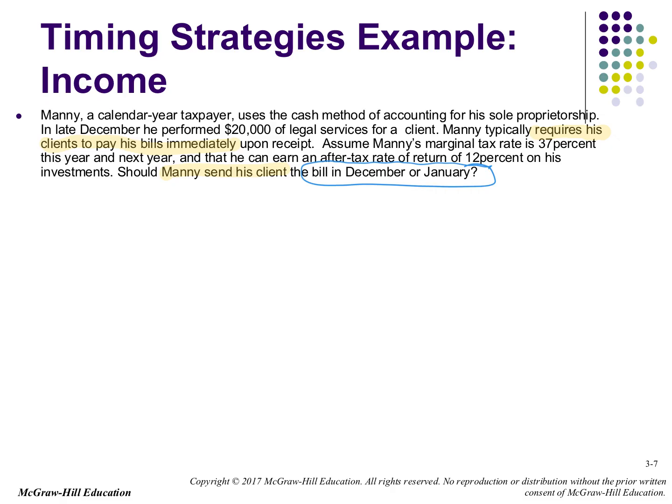So if Manny sends the bill this year, the bill Manny is trying to send is $10,000. $20,000. I think I was thinking $10,000 from the previous problem. Sorry, guys. The bill is $20,000.